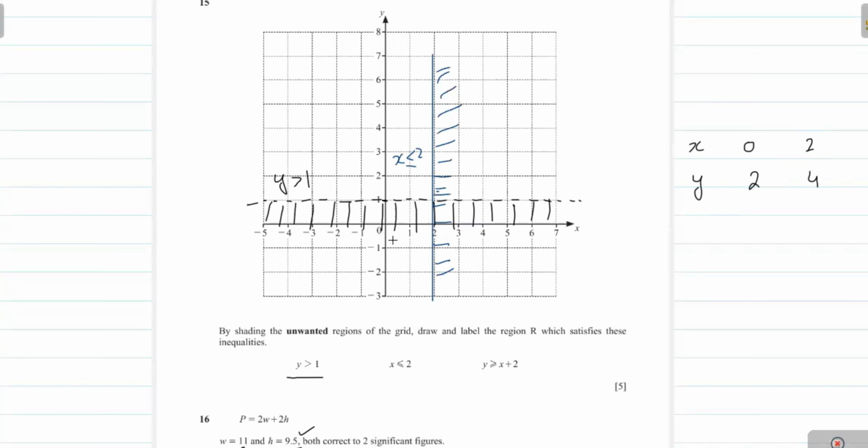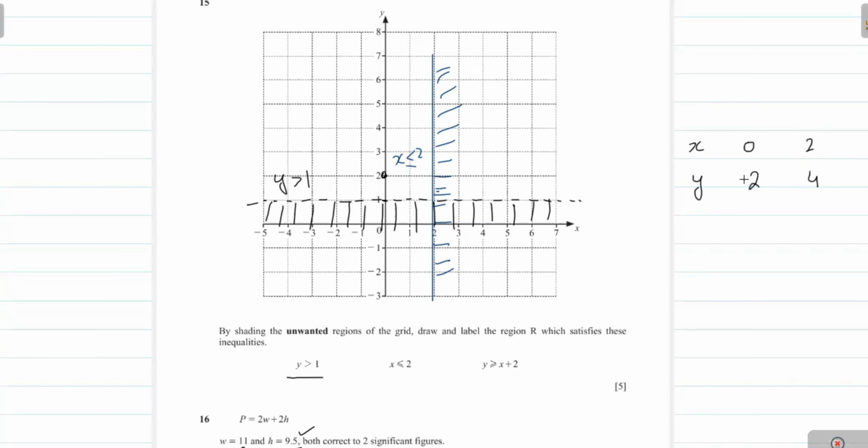First is 0, 2, and next point is 2, 4. We will draw the line passing through these 2 points, and this is the line y equal to x plus 2.